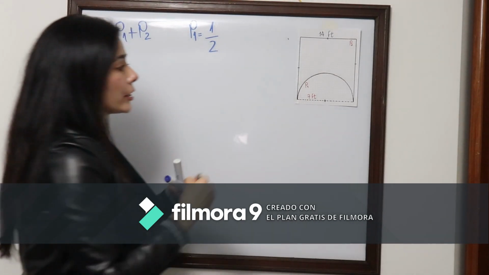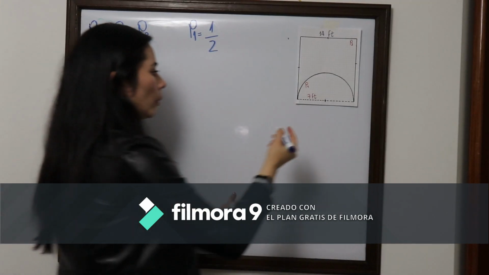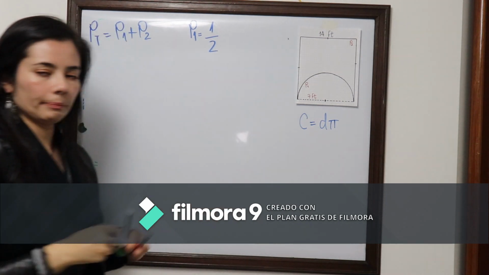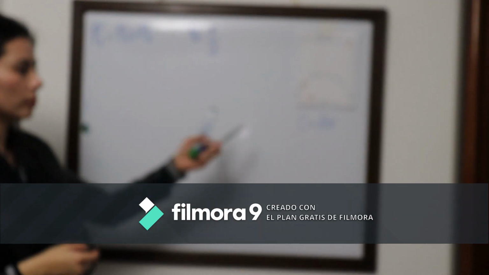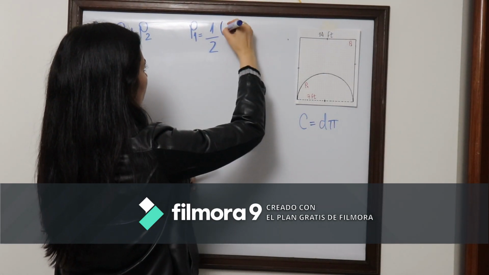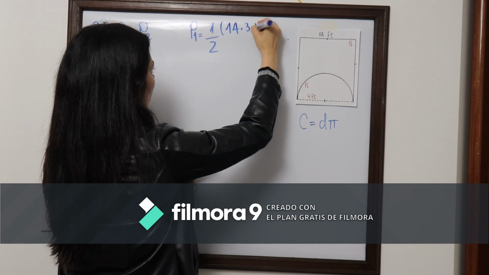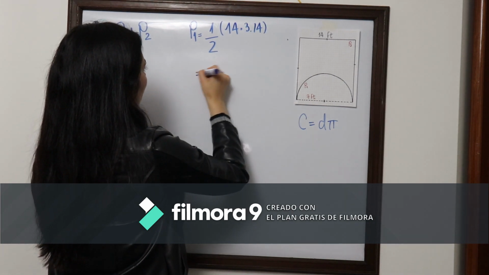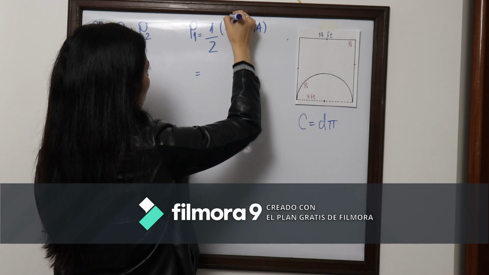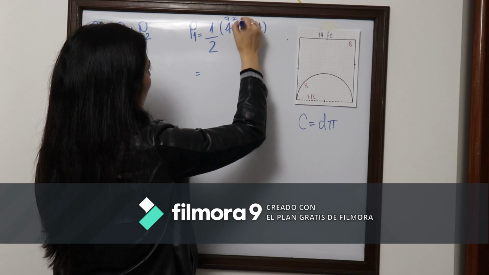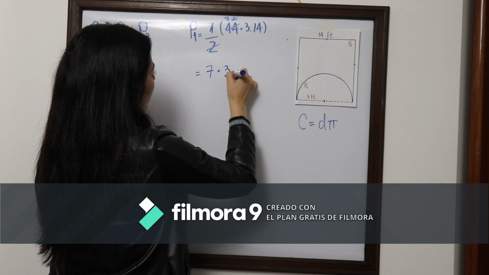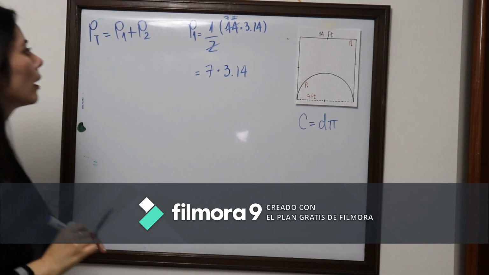Now, that is useful, although remember, we can always use this formula where I can work with the diameter. So that is going to tell me 14 times 3.14. And I know 14, of course, is 7 times 2, so I can just cancel the 2 out. And so this is going to be 7 times 3.14, right?